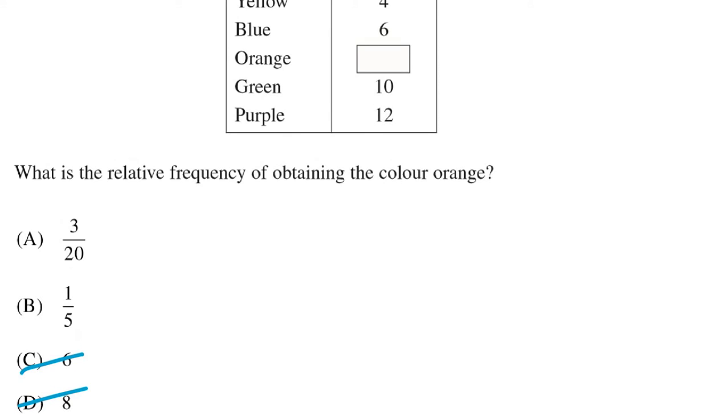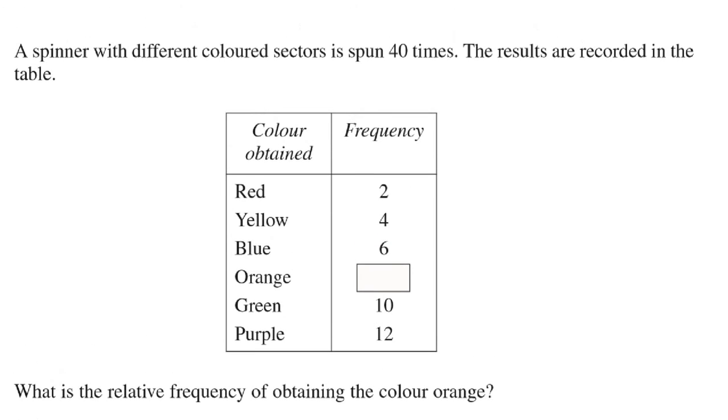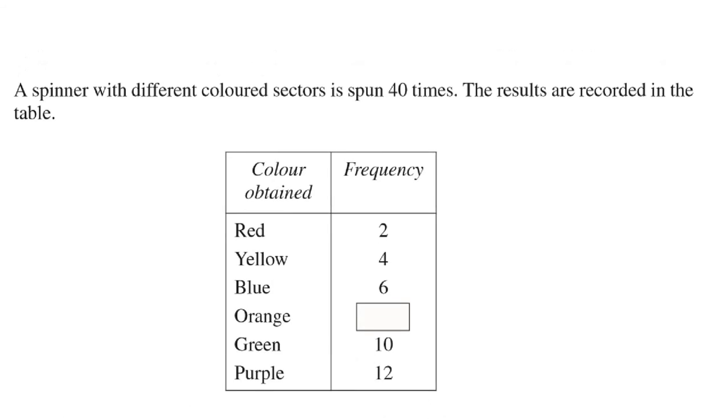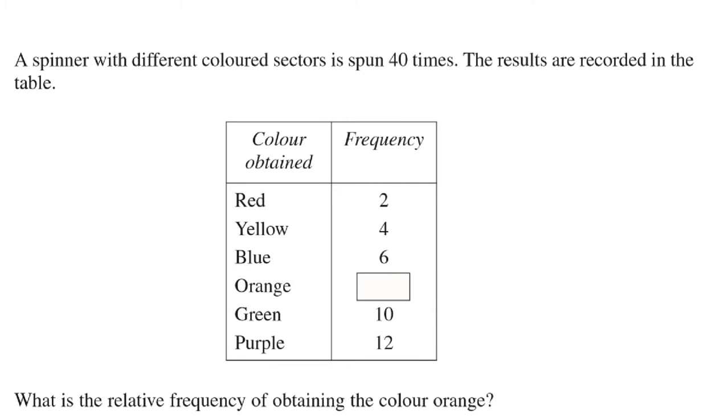So by looking at this, there are 2 ways to do it. Let's do this way first. You want to find out orange first. To work this out, 6 plus 4 is 10, add 2, this is 12. So this is 12, and this is 22.